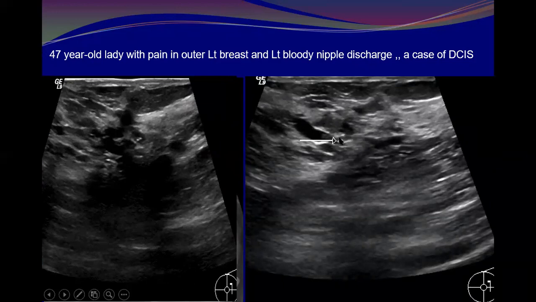We could even appreciate the calcifications in a case of DCIS with good machines and good image optimization. And this was before 2010, a long time ago. In King Khalid Hospital, I did it at that time, and it was proven to have extensive DCIS.